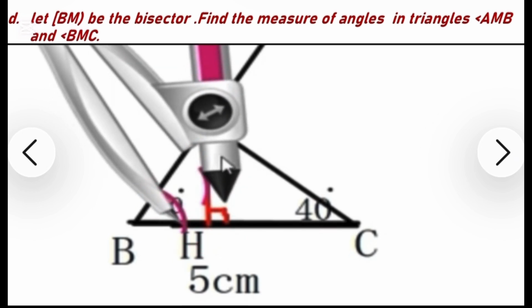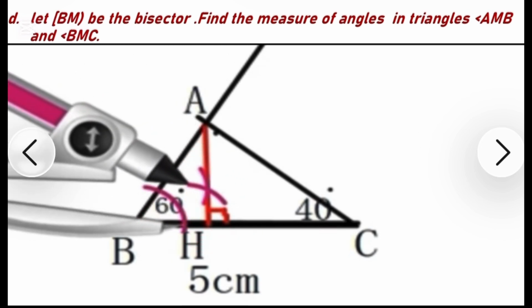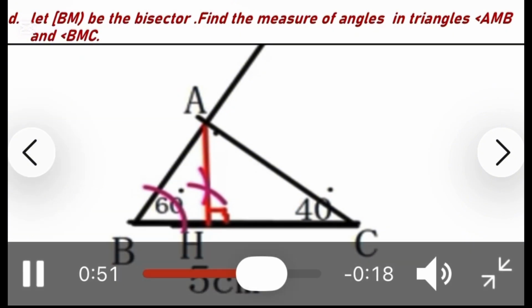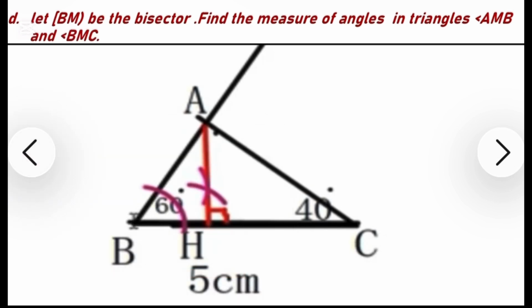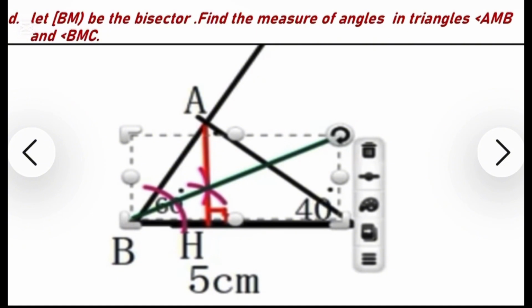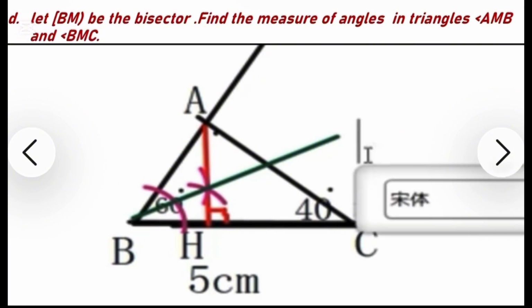Then from the second point of intersection, we draw the second arc. The two arcs now intersect in one point. Now we just draw a line using the ruler from B to this point of intersection, and this is the bisector BM.